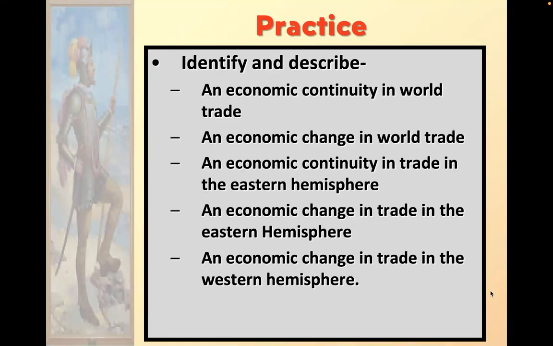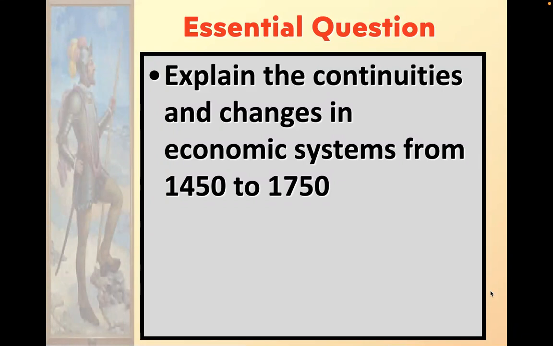And then when we focus on the economic change in the Western Hemisphere, we're really looking at how they were colonized and things like that. So this answers our question, explain the continuities and changes in economic systems from 1450 to 1750. In a later video and throughout the other videos, I'm going to specifically address the other areas where we see changes.